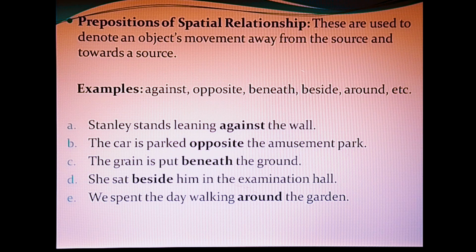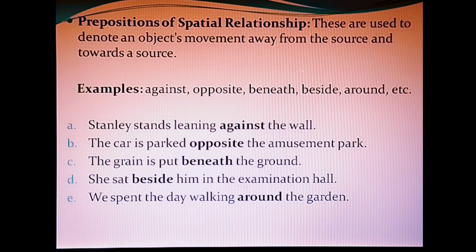Now we have these sentence examples. The first one says, Stanley stands leaning against the wall. The word against is the spatial preposition here. Where is Stanley standing leaning?